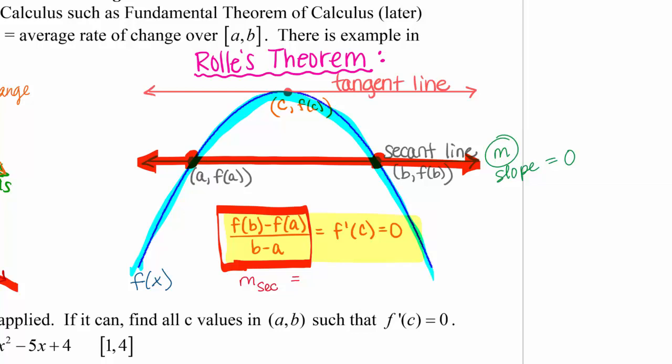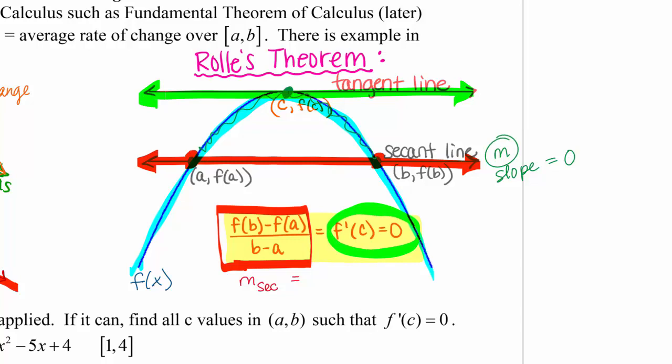If you are continuous throughout that interval, so you can draw from A to B without picking up your pencil, and you are differentiable throughout that interval from A to B, then there must be some point in here, C, where the slope is the same. Again, I'm guaranteeing that these two lines will be parallel. Well, if I knew my secant slope was 0, I'm really just looking for where the slope of the tangent line is 0.